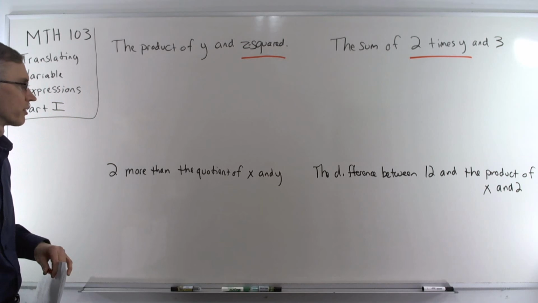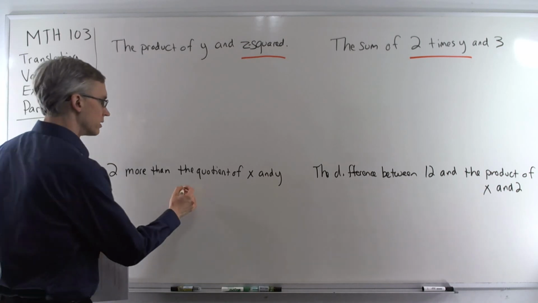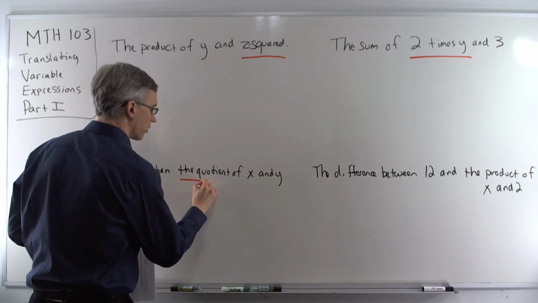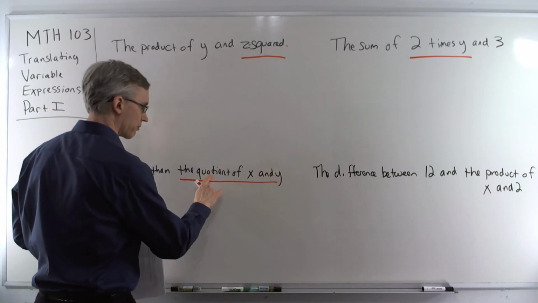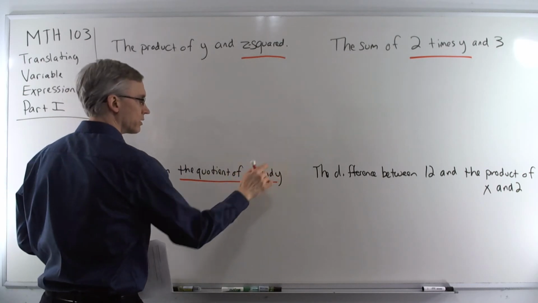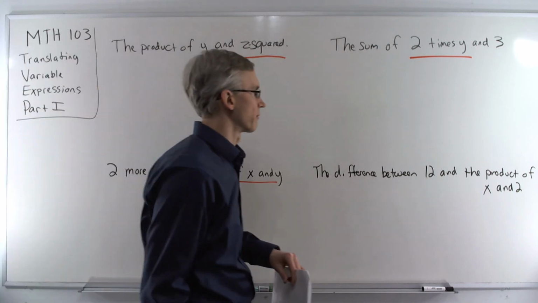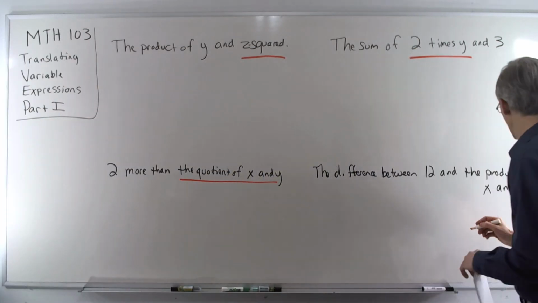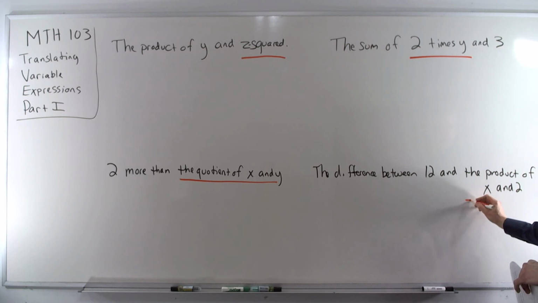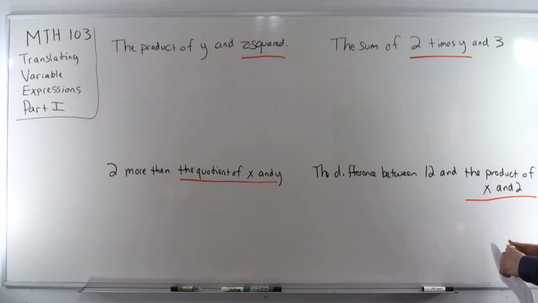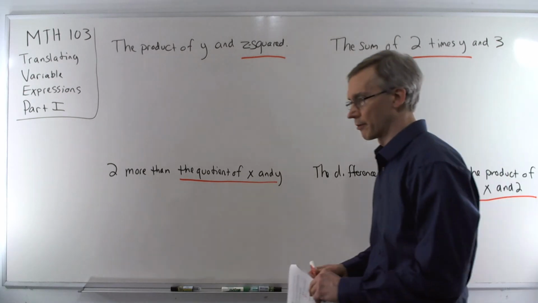Next up, 2 more than the quotient of x and y. So the simple expression here, the quotient of x and y. One operation, division, two numbers or variables. The difference between 12 and the product of x and 2. The simple expression here is the product of x and 2. One operation, multiplication, x and 2, two numbers or variables.